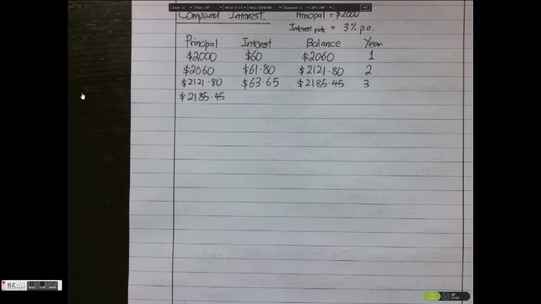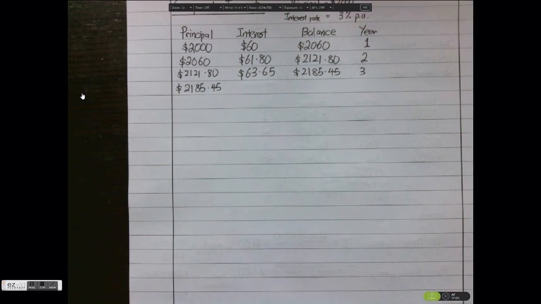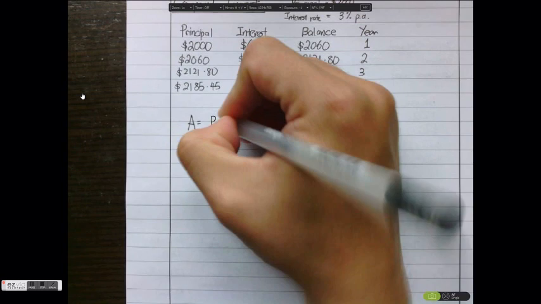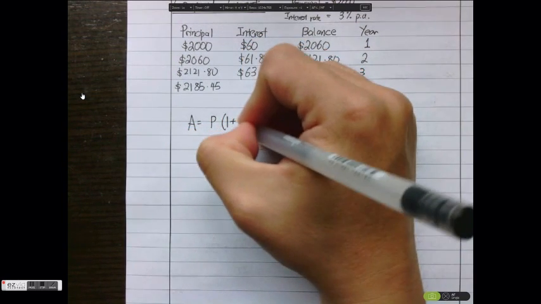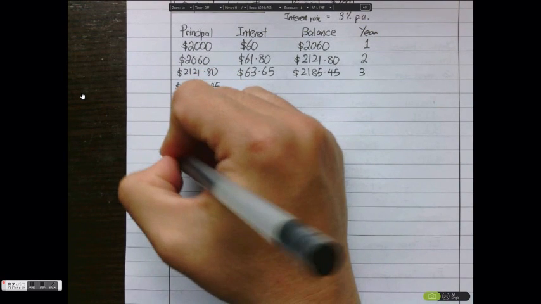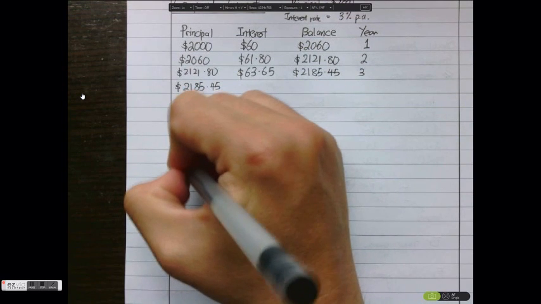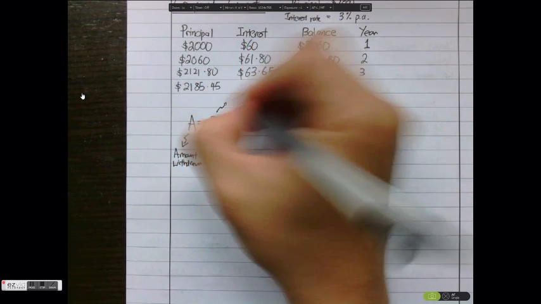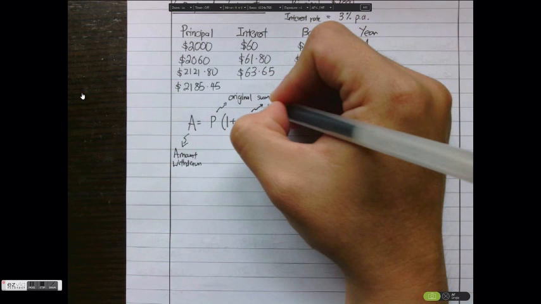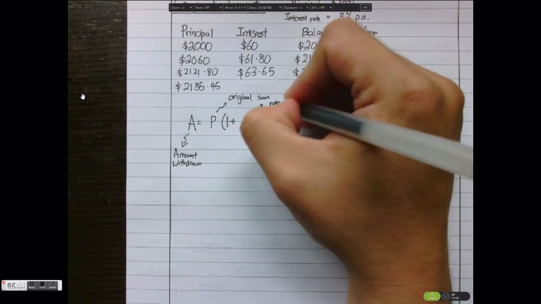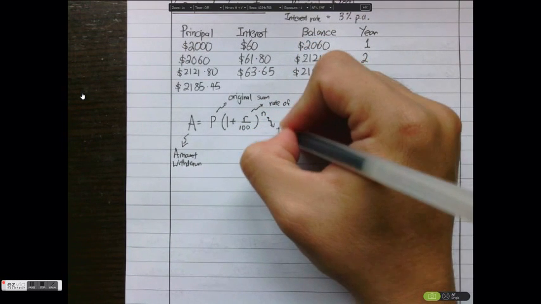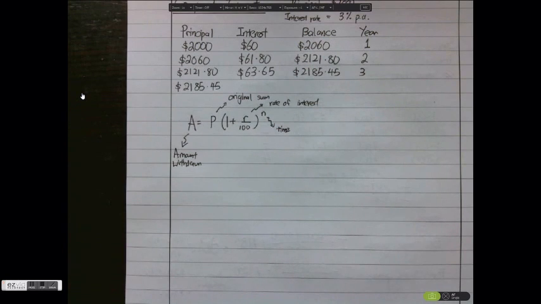Now the formula given for compound interest is A equals P times 1 plus R over 100 to the power of N. A is the amount withdrawn, P is the principal, the original sum, R, as you know from the other formula, is the rate of interest, and N is the time, in this case the number of years.